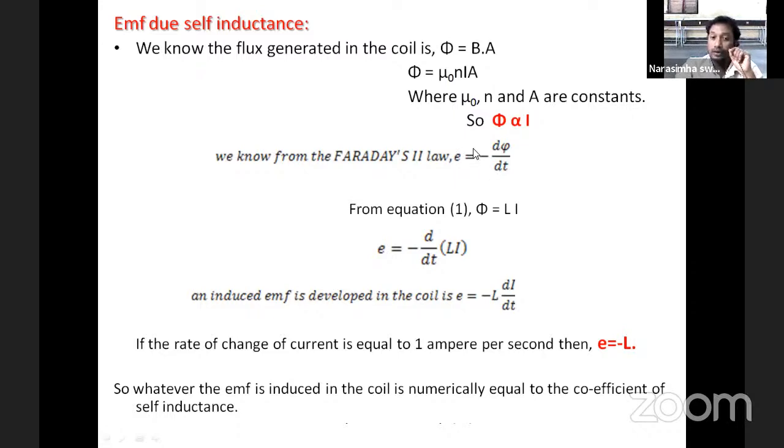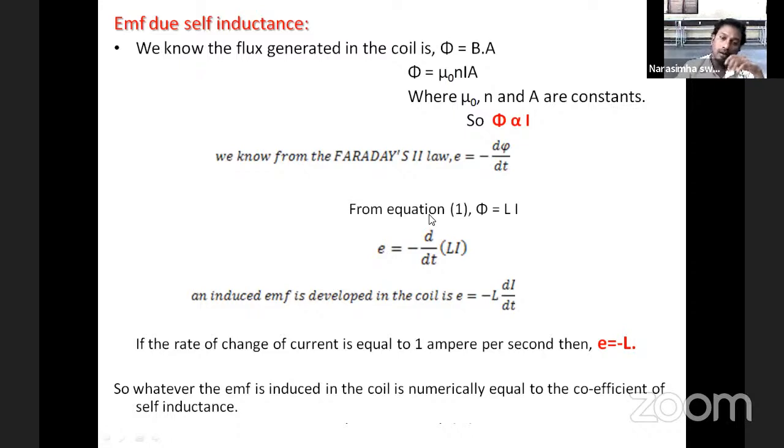The second law states that the induced EMF is generated due to change in flux, that is, the rate of change of flux. The negative sign means it always opposes the cause producing it.